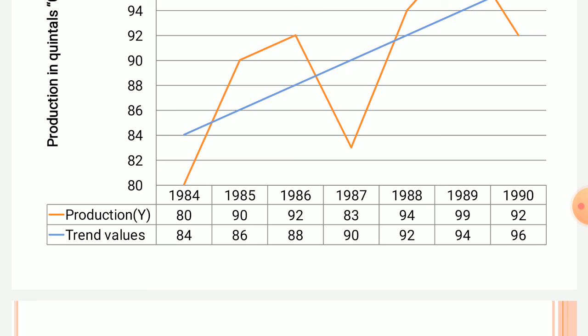One is the freehand or graphic method, the second is the semi average method, the third is the moving average method, and the fourth is the method of least squares. These four methods are to be used for representing actual data as well as the trend line.